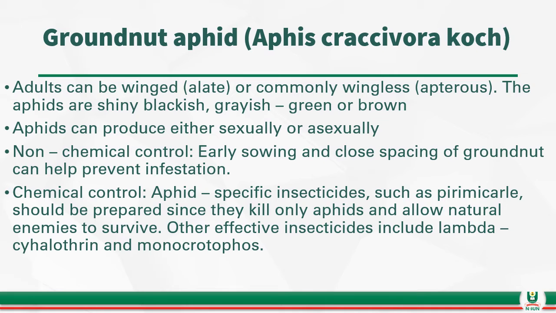And the chemical control of this aphid is by using specific insecticides, which are prepared to kill only aphids and allow other natural enemies to survive and thrive. Other insecticides that can be used also are lambda-cyhalothrin and monocrotophos. These are chemicals that can be used to control groundnut aphids.